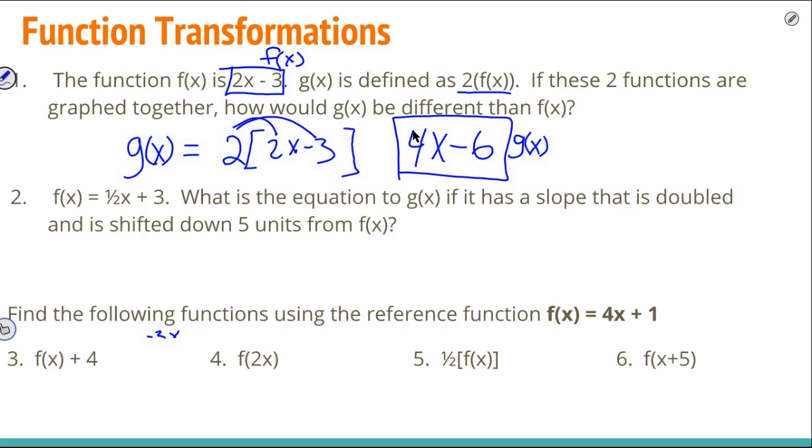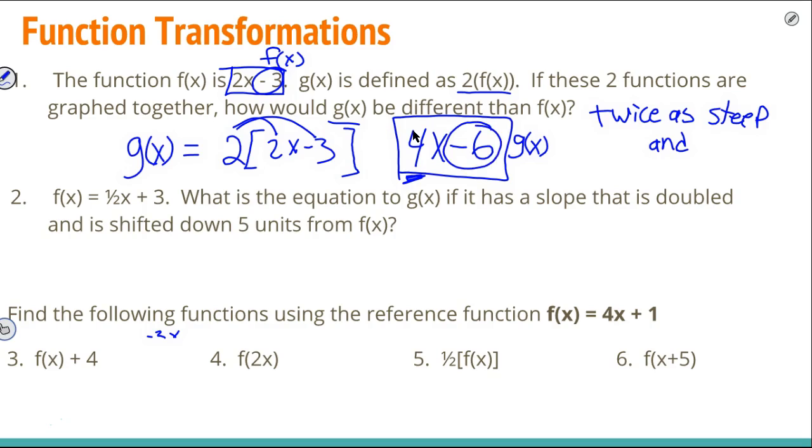So how would these two look different if they were graphed? Well, how would g of x be different? It would be steeper. It'd be twice as steep because it has a slope of 4 rather than 2. And the y-intercept would not be negative 3.